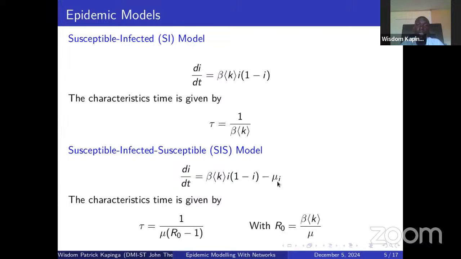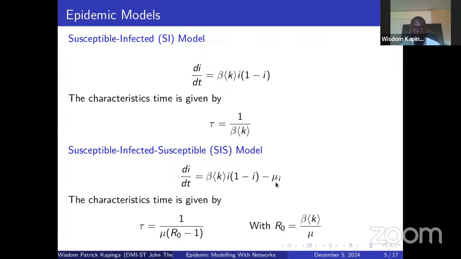So when we look at the SI model, we are actually not concerned with how many people are getting healed. In the SI model, we're looking at people who are infected and some who are susceptible. But in this model, we have a chance to say, okay, with this disease people can get healed, and we are including this component in this model.